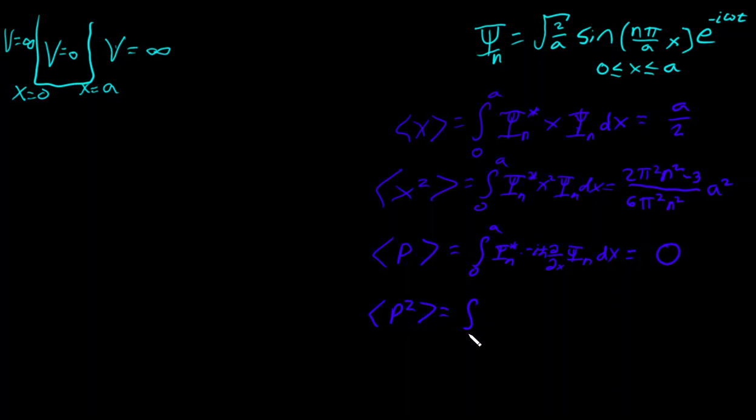If we do this, psi n star, momentum squared is just negative h bar squared d squared by dx squared, just like in the Schrodinger equation, except you have the 2m in the Schrodinger equation. psi n dx. If you do this one, you get pi squared n squared h bar squared over a squared.